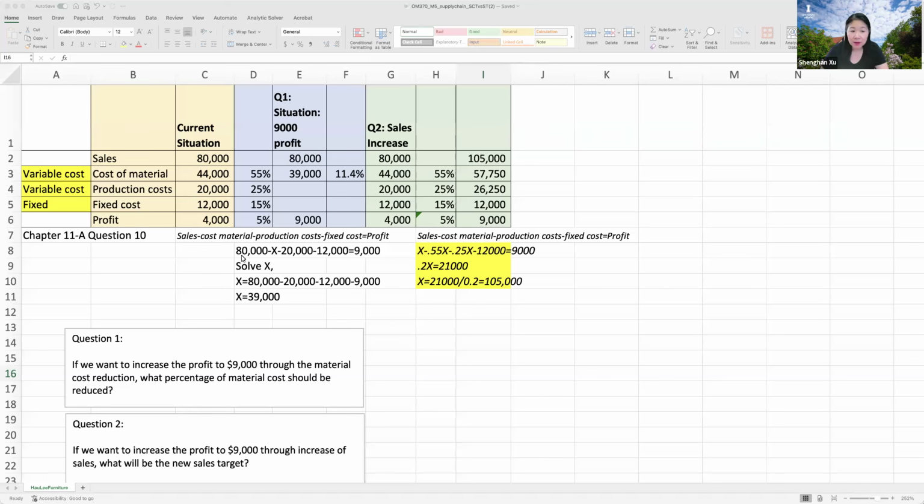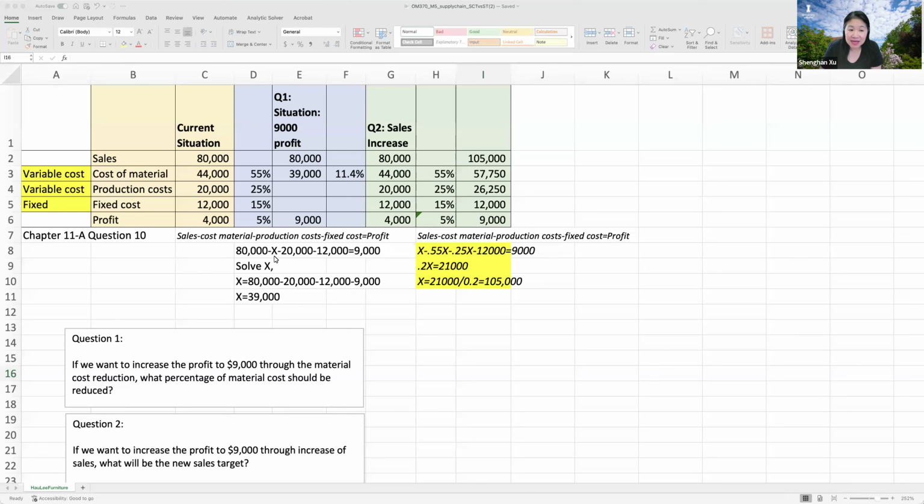So this requires us to set up an equation and use algebra to solve this problem, right? Basically from the problem, we know that sales minus the cost of material minus the production cost minus the fixed cost is equal to profit, right?